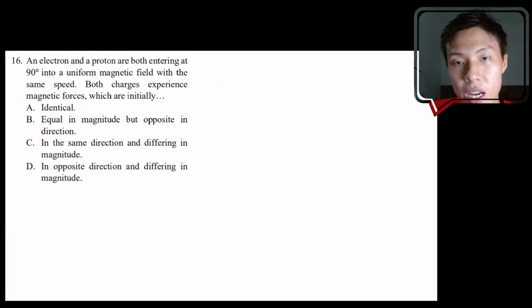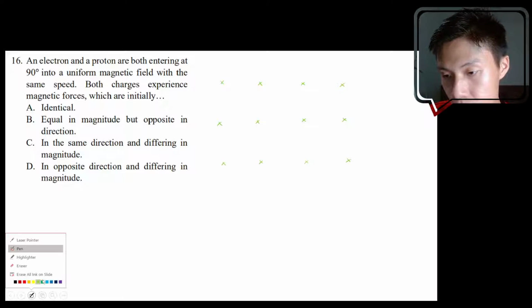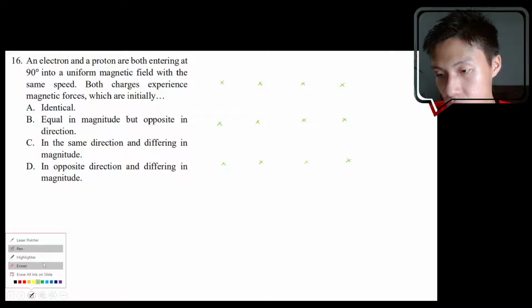So let's say in our situation, we have a uniform magnetic field represented by these crosses over here. Okay, and we have an electron and a proton.